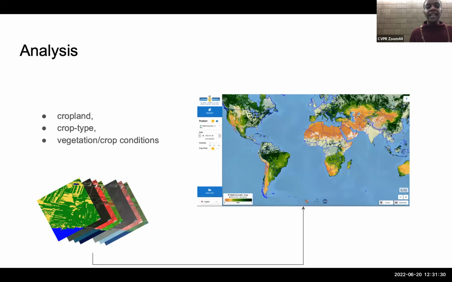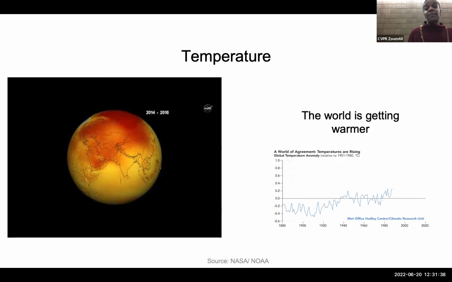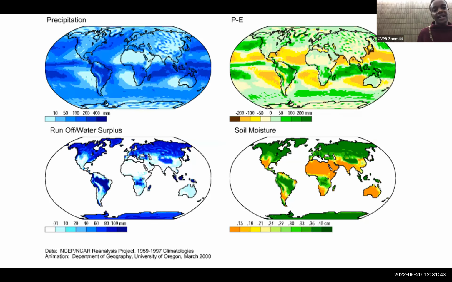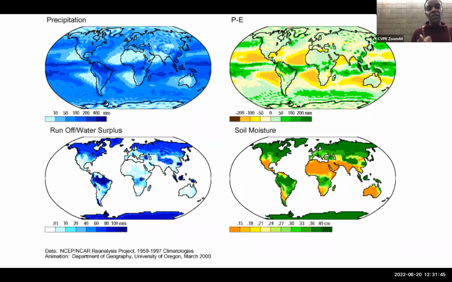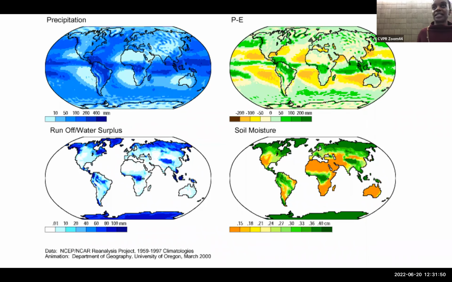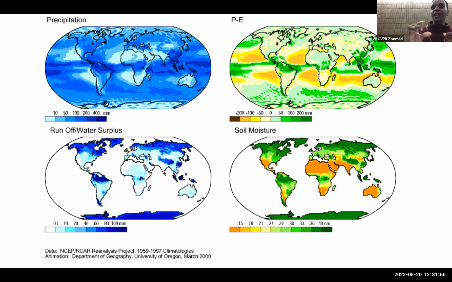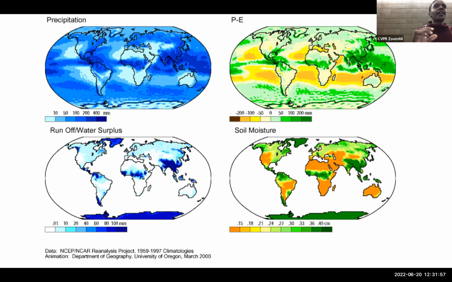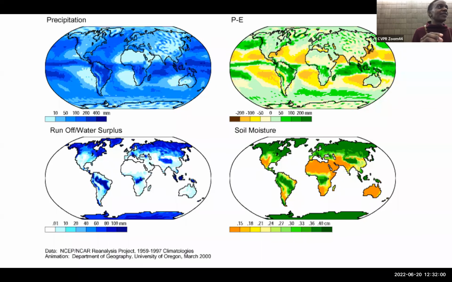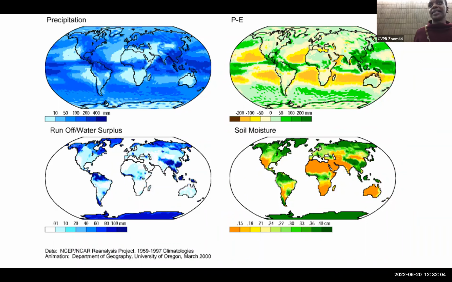And so combining satellite data, cropland, crop type, vegetation conditions with things like temperature that we have access to from all over, data sets like rainfall, so precipitation, runoff, soil moisture, can help us understand how much water is available for crops, how hot it is. Certain crops have a sweet spot in terms of temperature, where you can't grow maize, for example, in Canada, or you can't grow grapes, for example, in South Sudan.